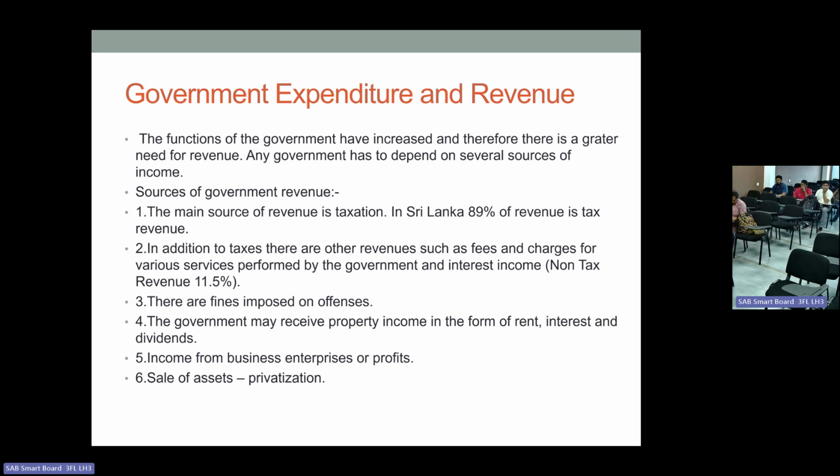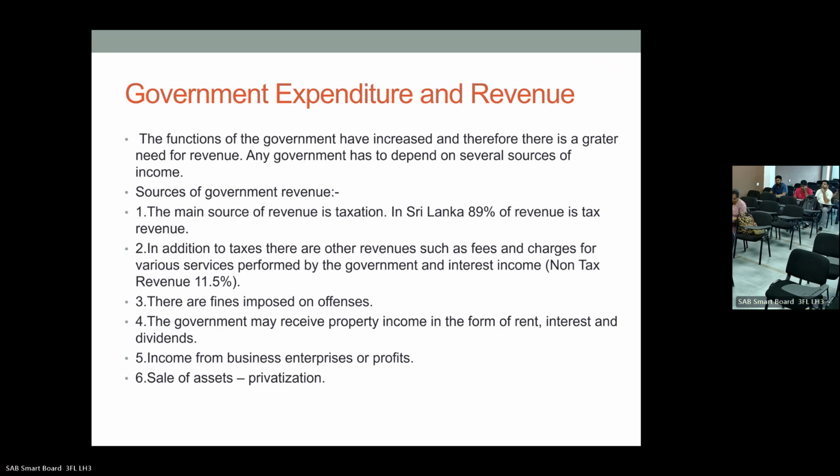How much comes from direct tax, how much from indirect tax, and the changes in the tax structure over the last few years. Mainly, the main source of revenue is tax.